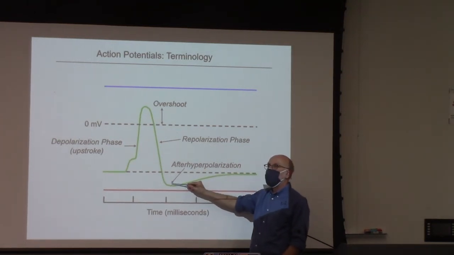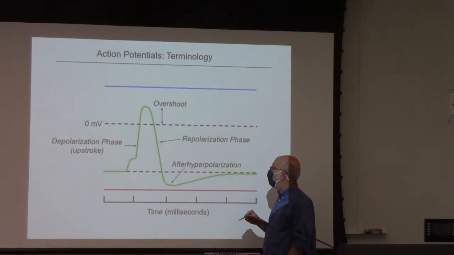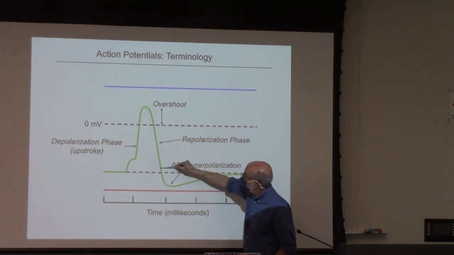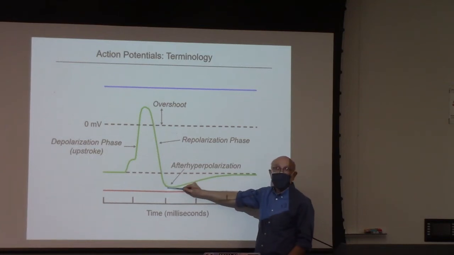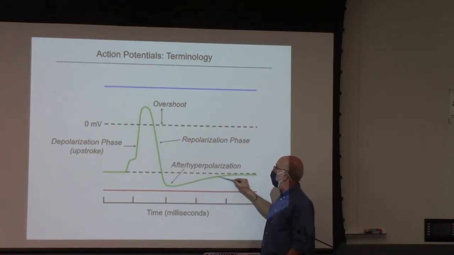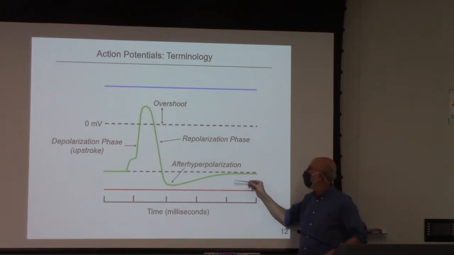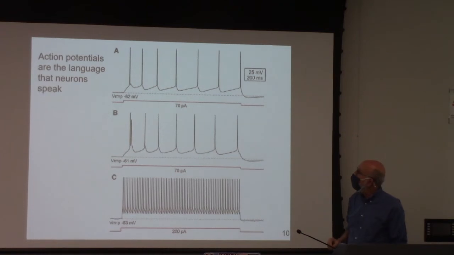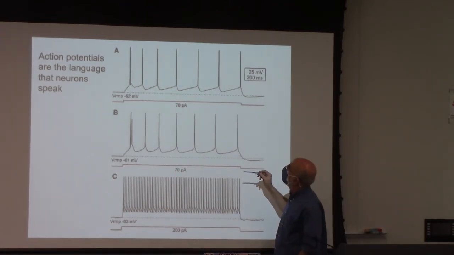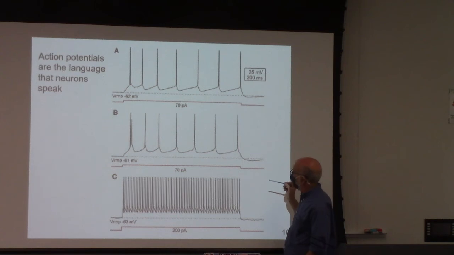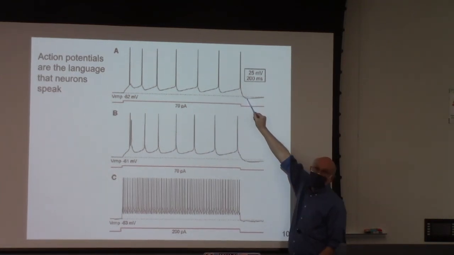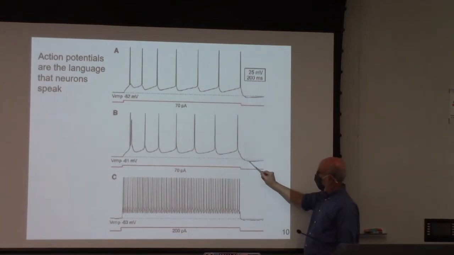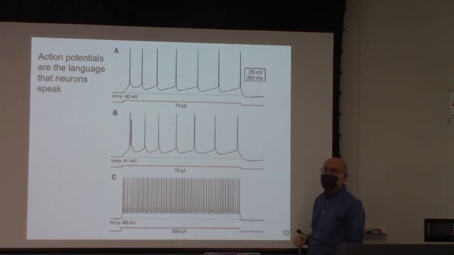After the action potential, and I think you had to work on this in the problem set, there's a region where the membrane potential goes past resting to a hyperpolarized voltage, and then it settles back up to rest. Do we see hyperpolarizations in this actual data? Well, there's one. It's settling back to rest.